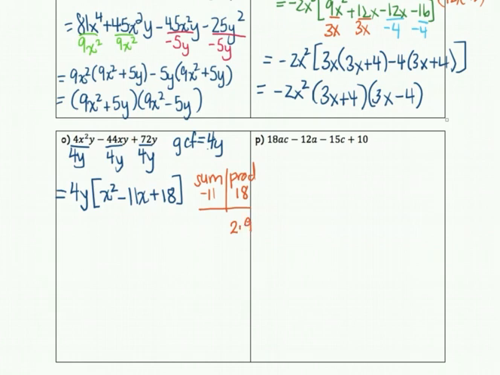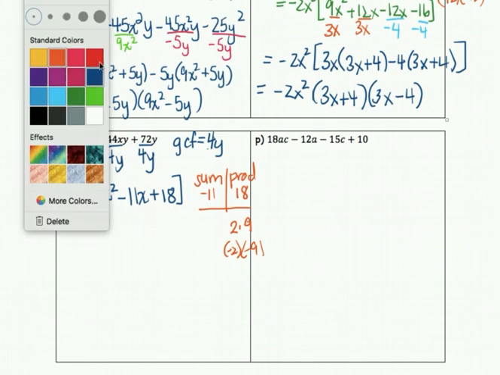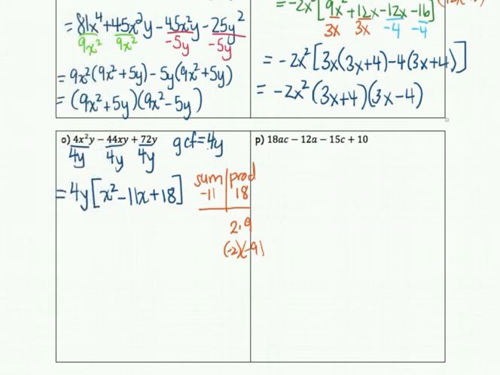Okay, but we have issues with the negative sign here, so we have to tweak it. Here it has to be positive 18, so positive 2, positive 9 will make positive 18, but it will not add to negative 11. So the other possibility is to make them both negative, and that will work for the -11. At this point, you guys know the trig method.